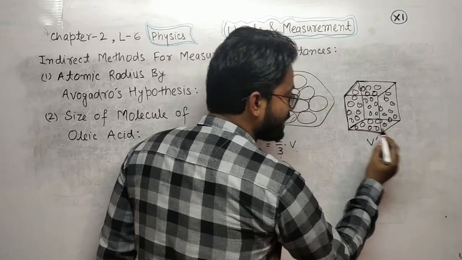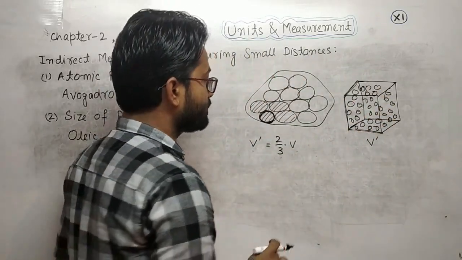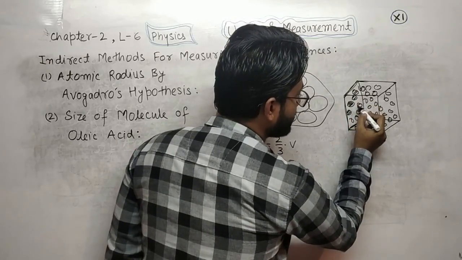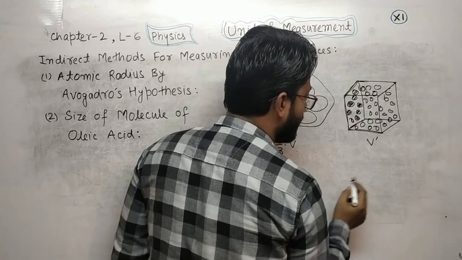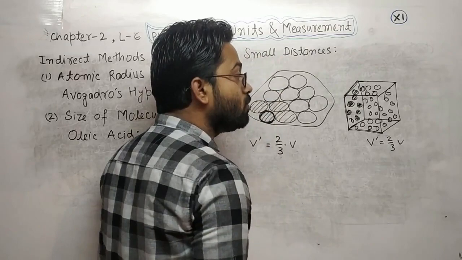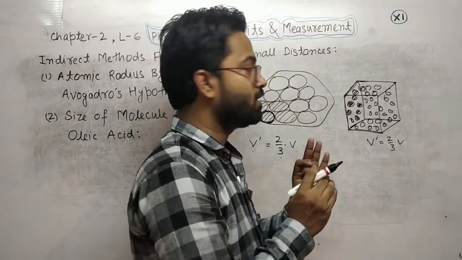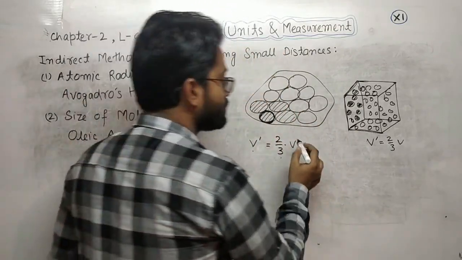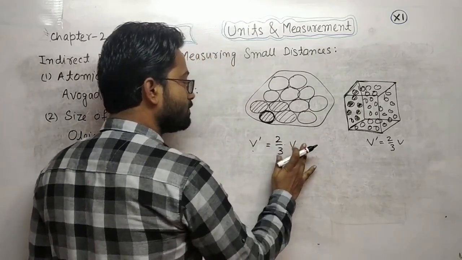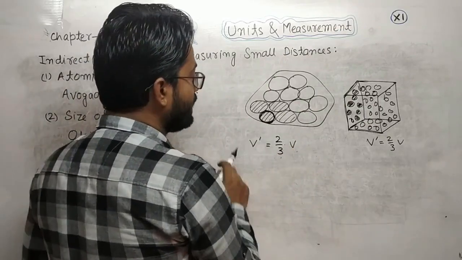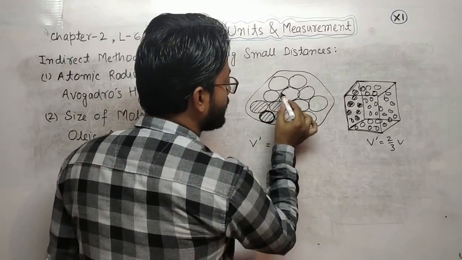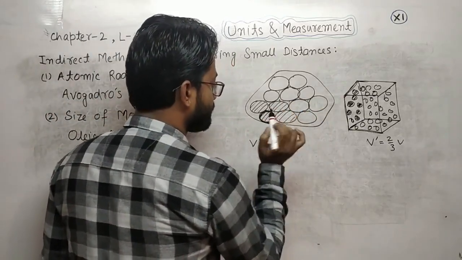Let us suppose V dash is the volume of the cube, and the volume occupied by the atoms will be equal to 2/3 times V dash. Means V is the volume of all the atoms and V dash is the total volume including empty spaces.